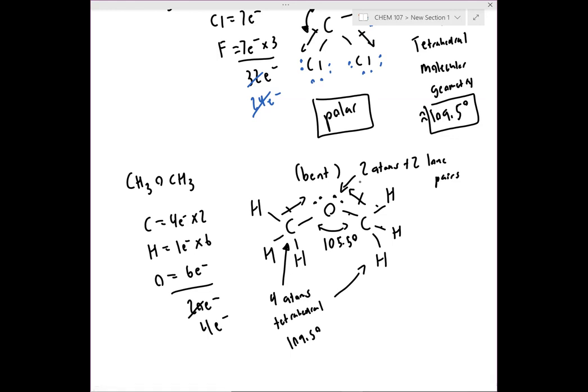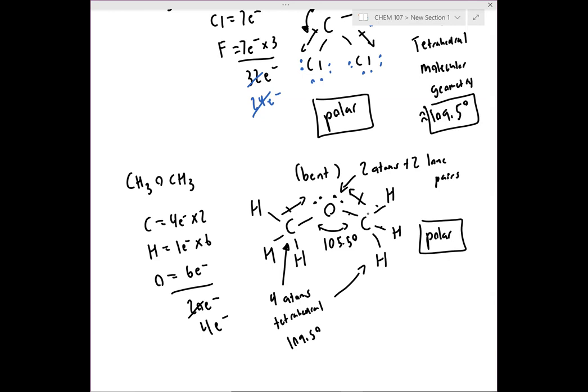Polar, exactly right. So in this one, which are the central atoms? There are three: carbon, oxygen, and carbon. And you look at each of them individually. Professor, I'm a little confused.